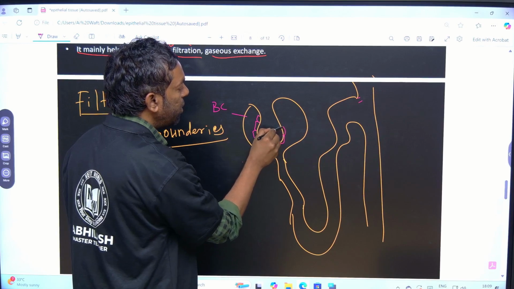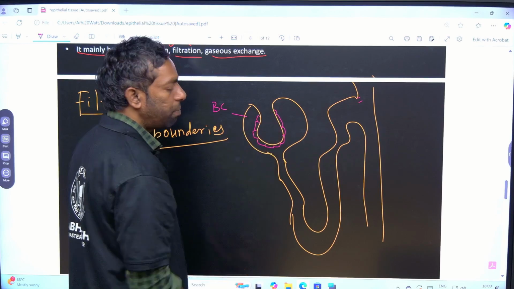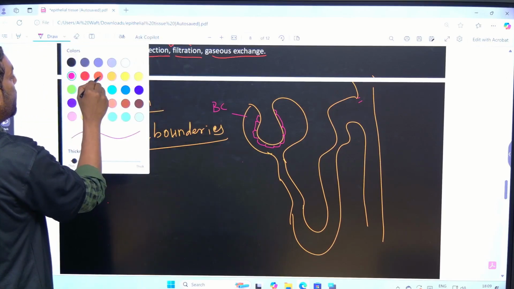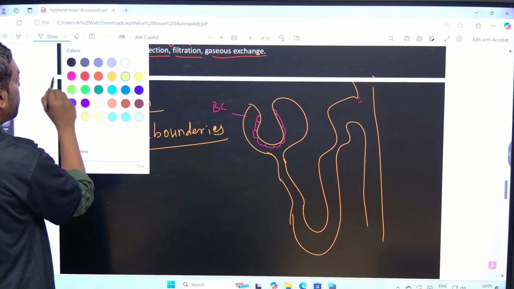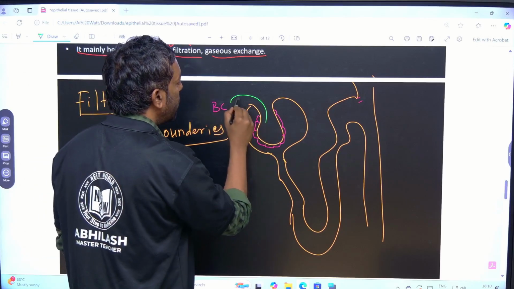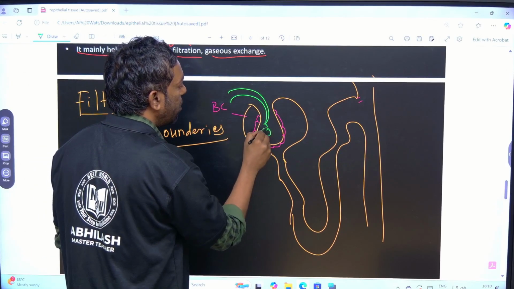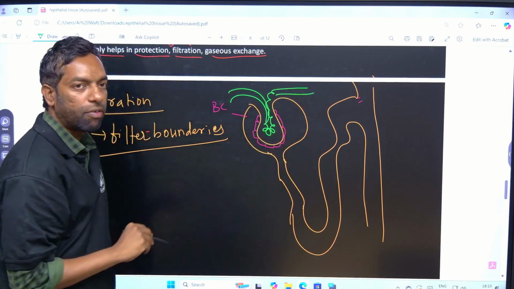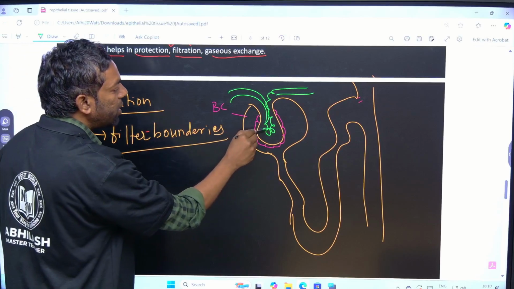And there is also the glomerulus, which is nothing but an arteriole, this is the capillary network.